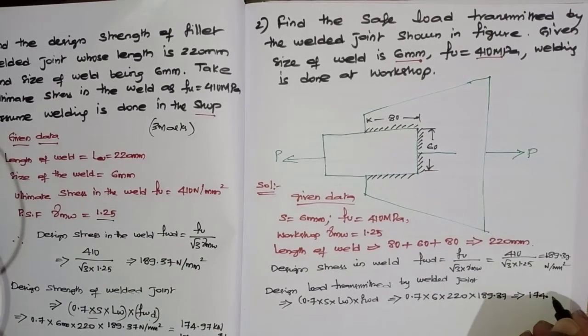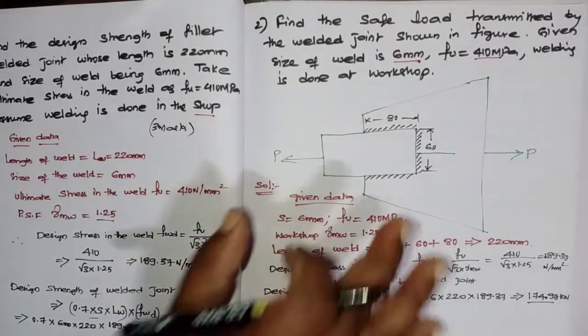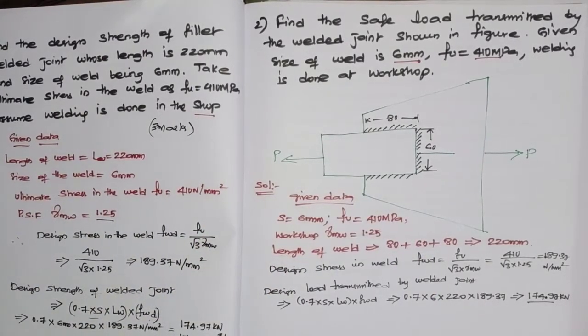Now, what is the difference between this problem and the previous problem? The values are the same, everything is the same. The only thing is, in the question they asked you to find the safe load transmitted.